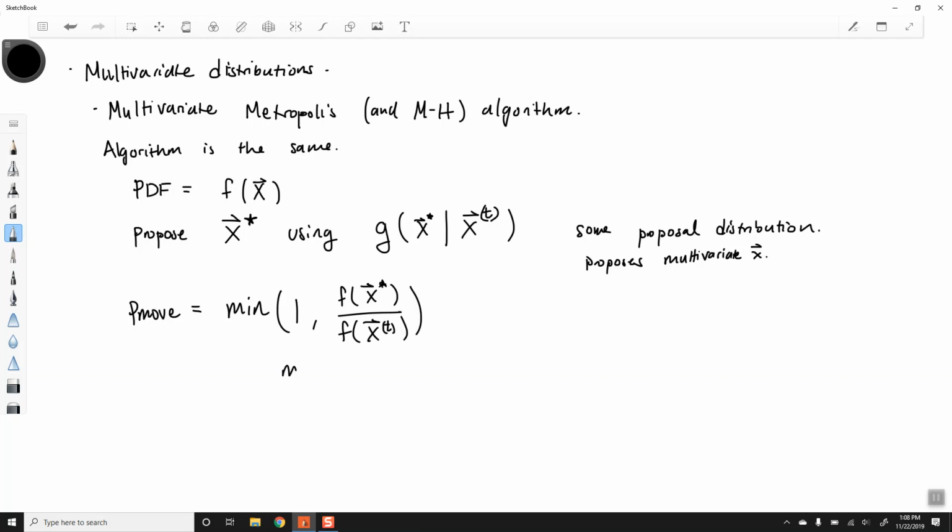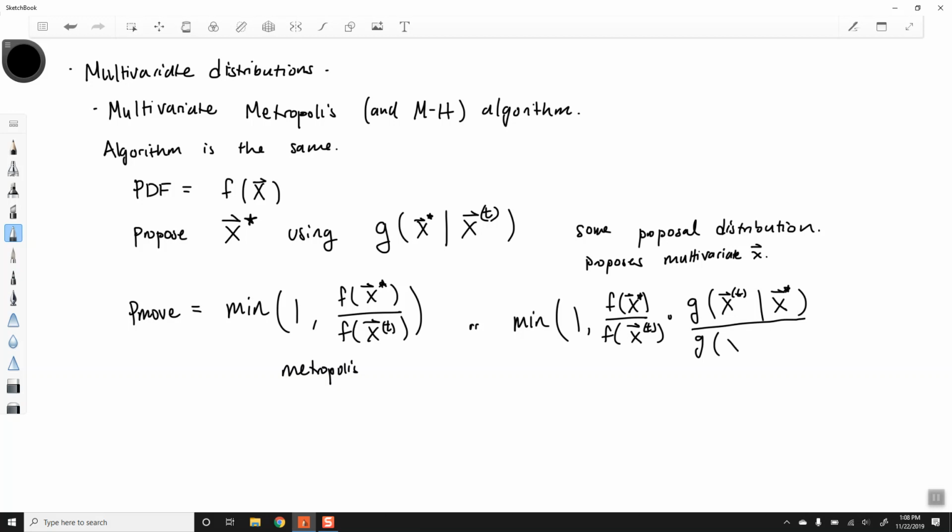This is Metropolis, or the min of 1 and the proposed divided by the current times whatever else it was for the Metropolis-Hastings version, if it's not symmetric.